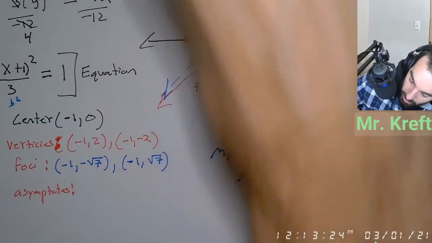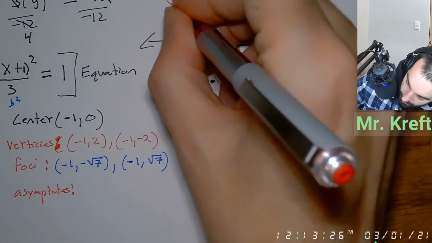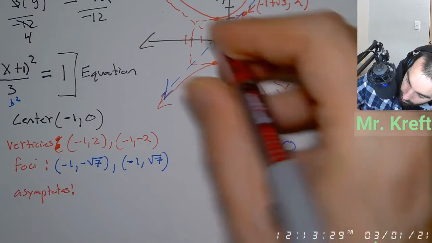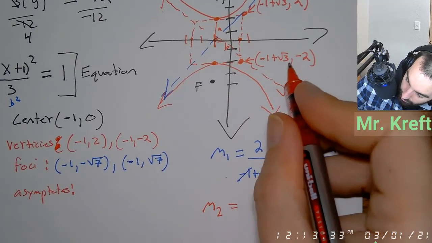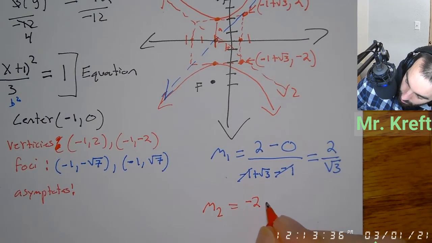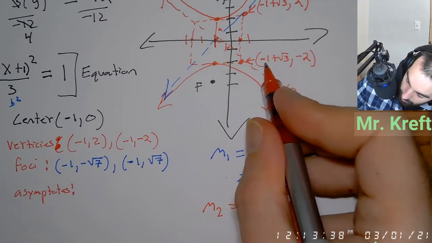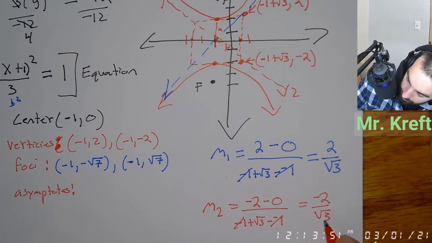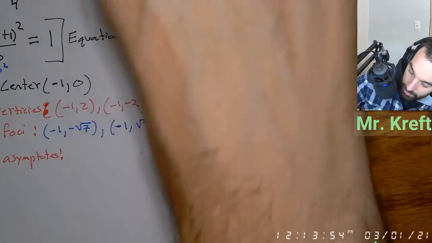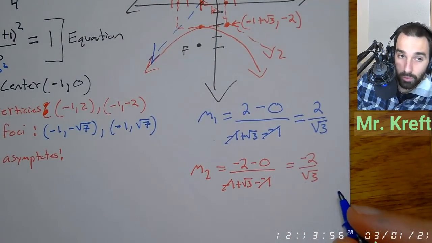And then while I'm at it, why don't we go ahead and find our second line. So let's call this line 2. So the slope of line 2, again, is going to be y2 minus y1, and then x2 minus x1. So I get -2. Those go away over root 3. Okay, and just really quickly, that would be -2 root 3.